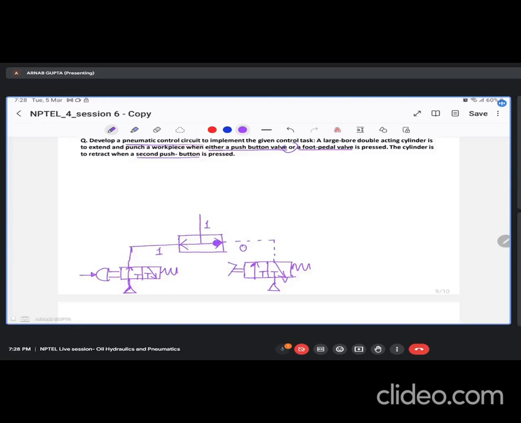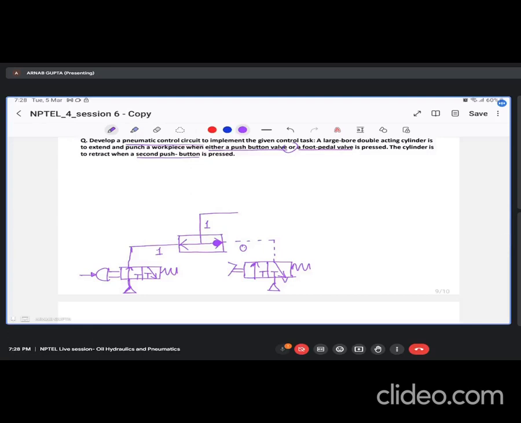This is basically an NRV, so that ball will move to the opposite end and sit there. If both are pressed, then also this will be 1. Now it is going to the main valve that will operate our cylinder.